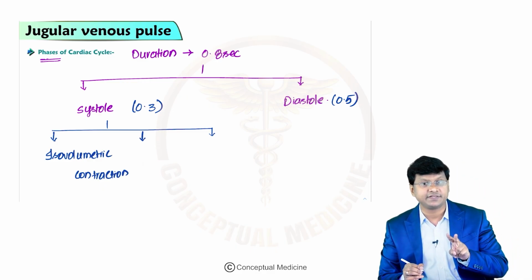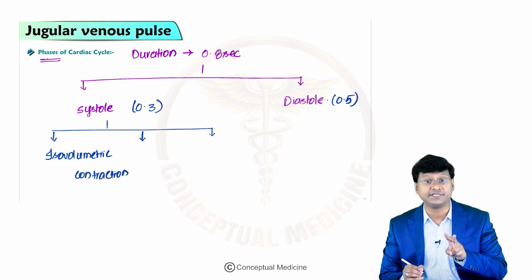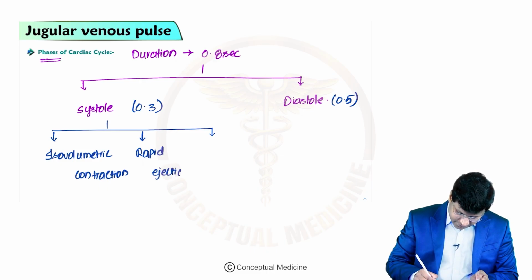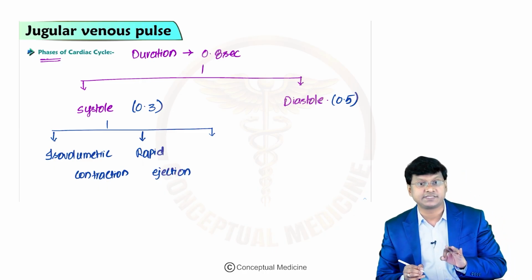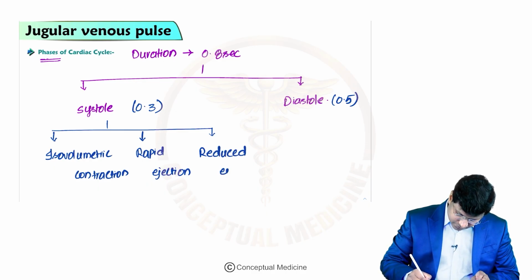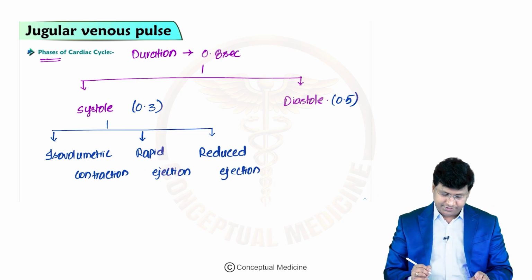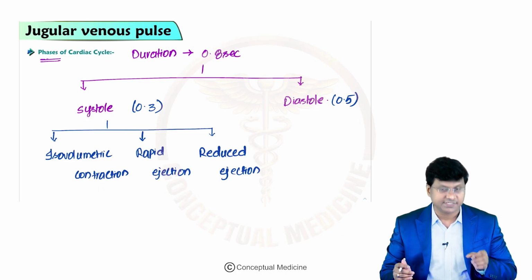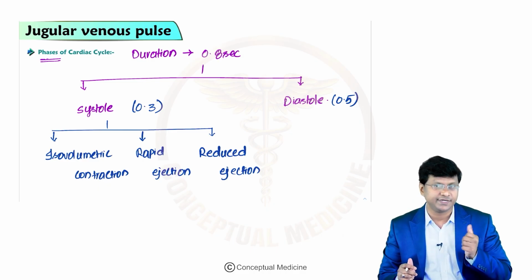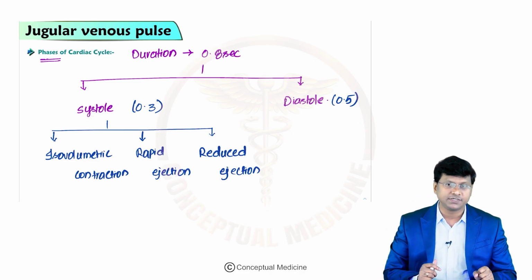The second event in the systole will be rapid ejection, and the third event will be reduced ejection. So these are the 3 events in the systole: isovolumetric contraction phase, rapid ejection, and reduced ejection. Now coming to the diastole.